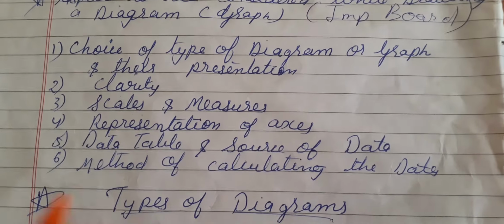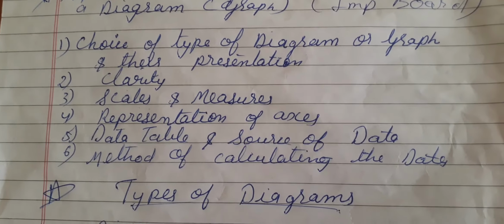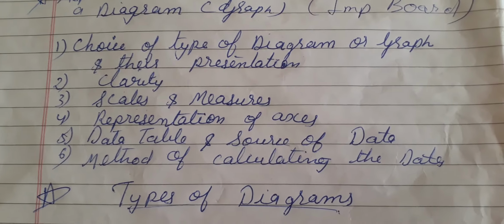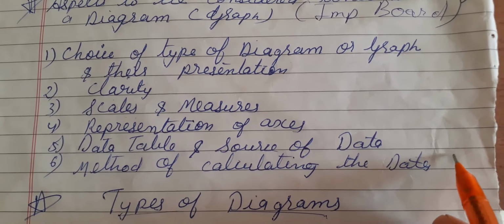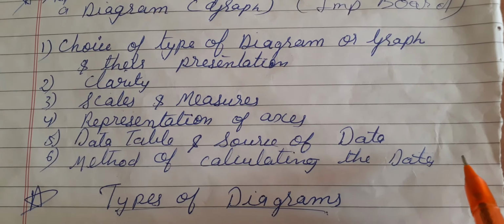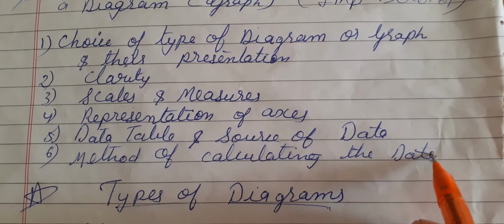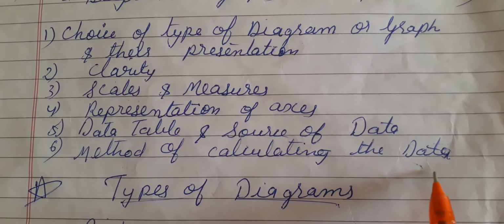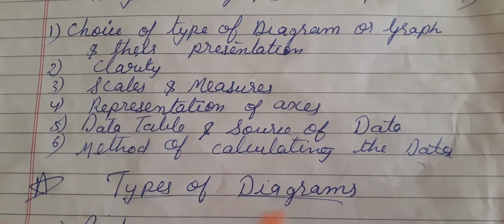Next is the method of calculating the data. See students, when the picture is not drawn from self-explanatory data, but is drawn using a simplified or statistical formula, at that time you have to mention that formula or clearly tell how that data comes by using which type of formula.